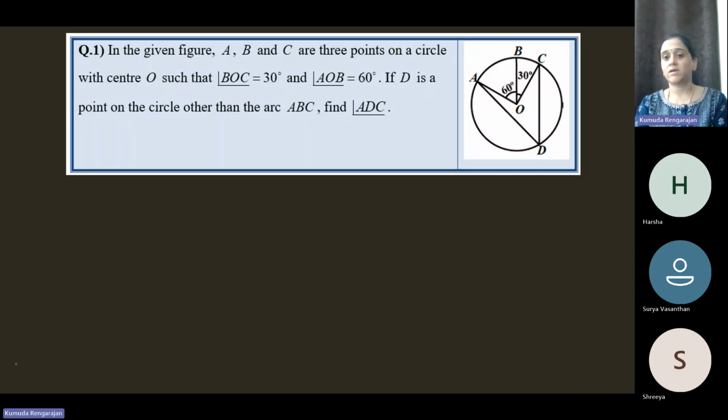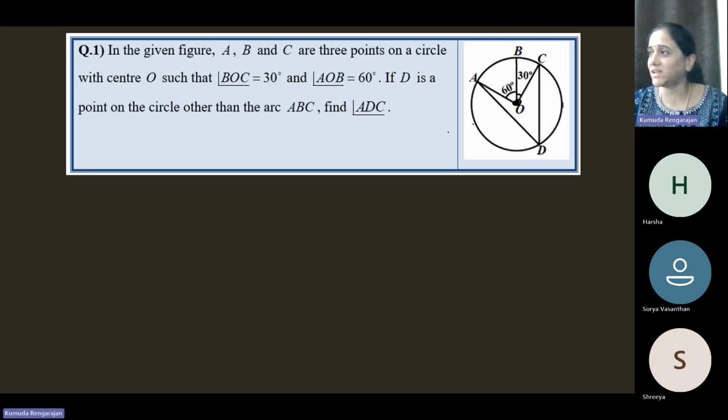ADC and AOC. So how much is AOC? 90. Then how much is ADC? 45 degrees.